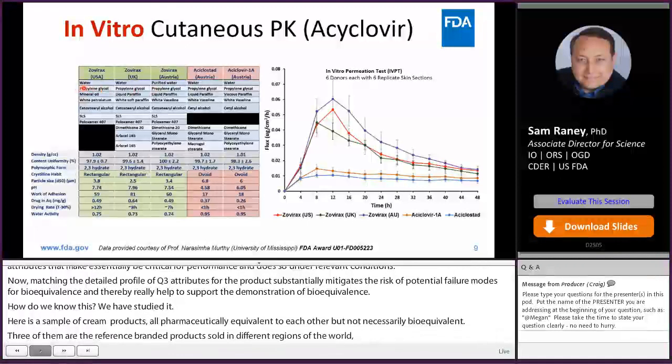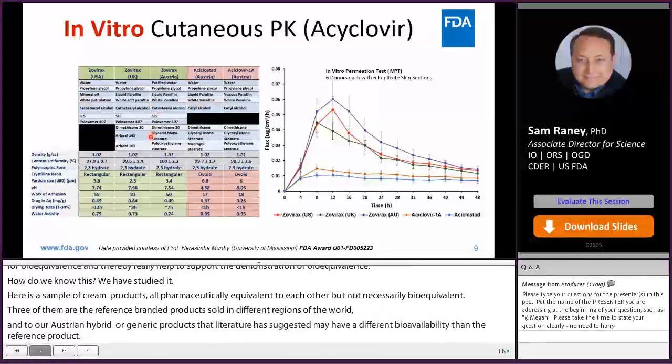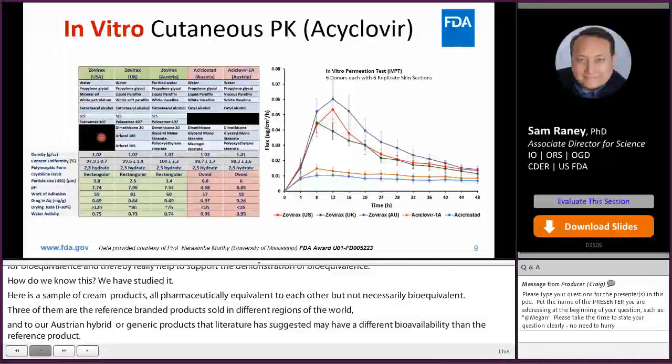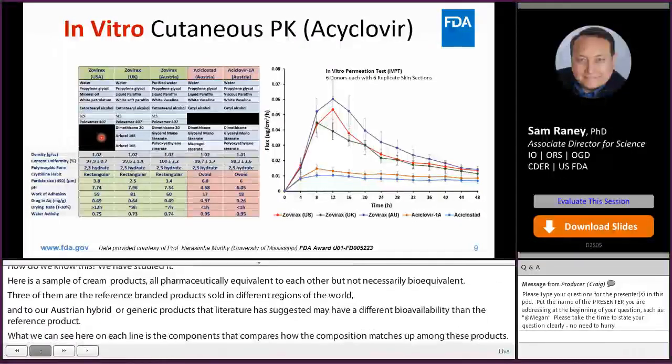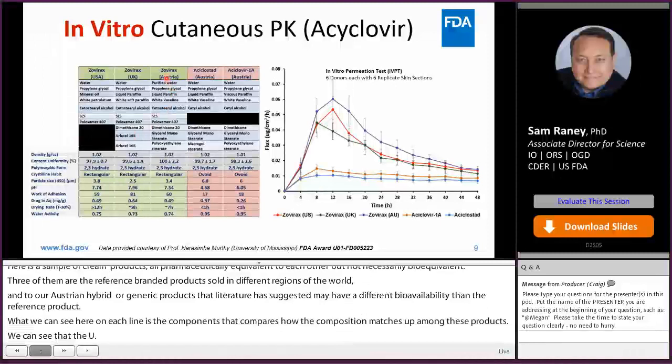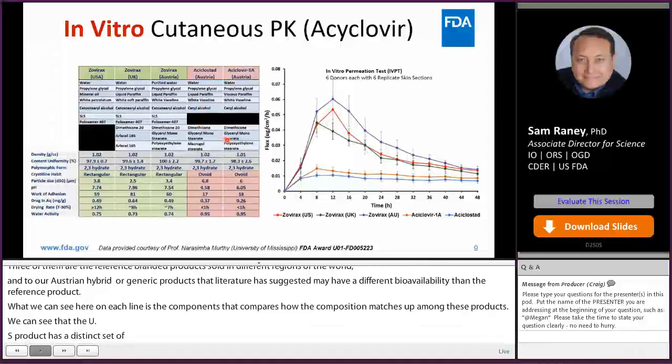And what we can see here on each line are the components that compares how the composition matches up among these products. We can see that the US branded product has a distinct set of components and a composition, while the UK and Austrian reference branded products have very similar components, and likewise for these 2 Austrian products.